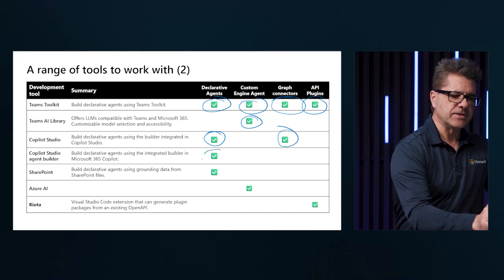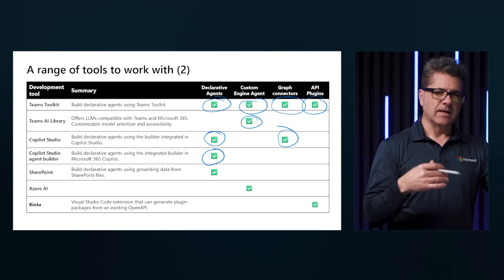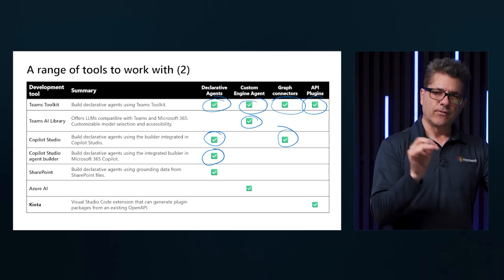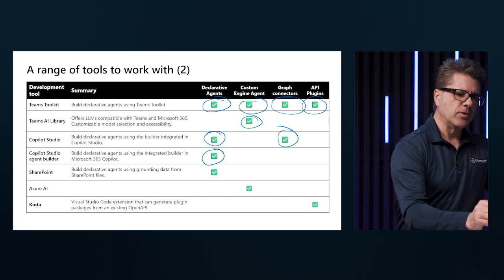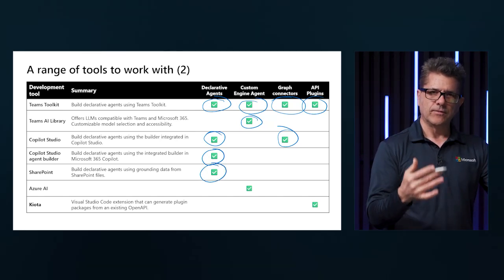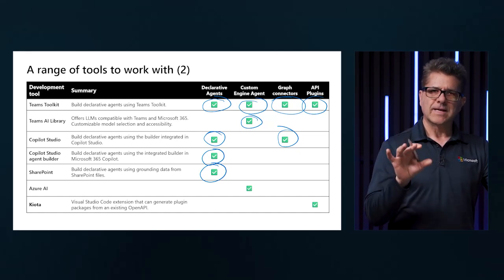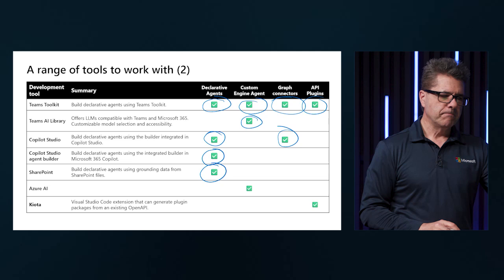So declarative agents allows me on that. Now SharePoint. If I have a SharePoint site, a document, I want to create an agent for that SharePoint site, I am going to use declarative agents, right? It's going to be easy, low-hanging fruit. I can quickly create that agent for that document or a set of documents.